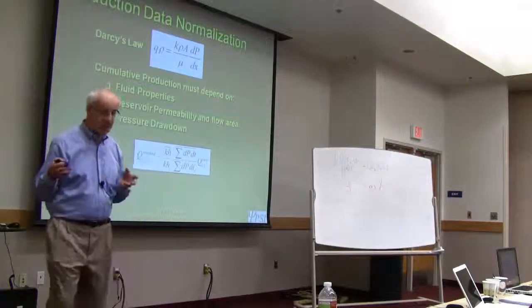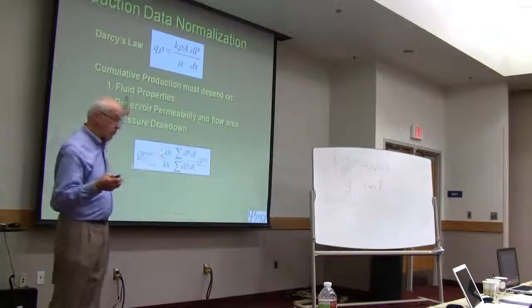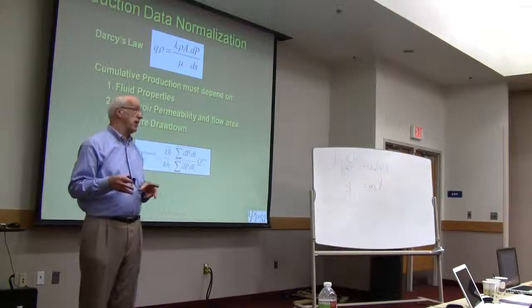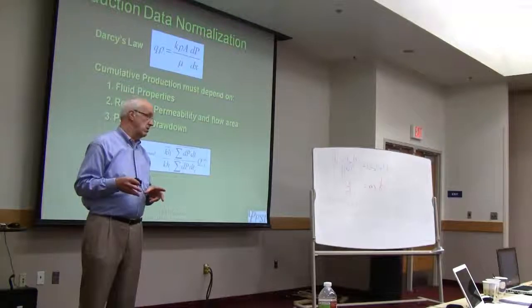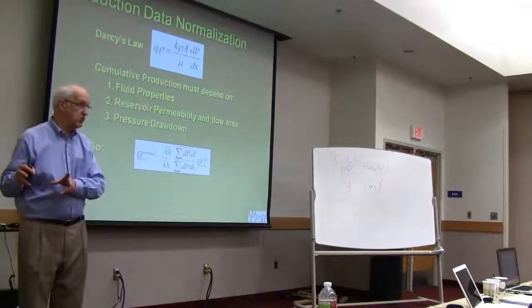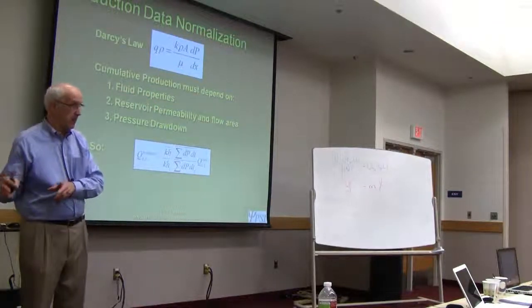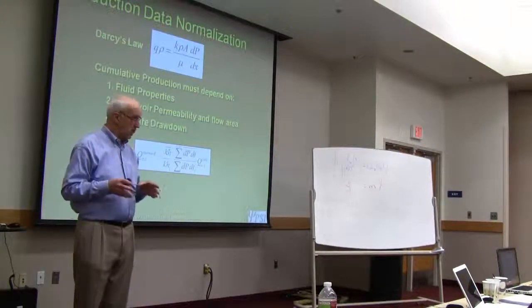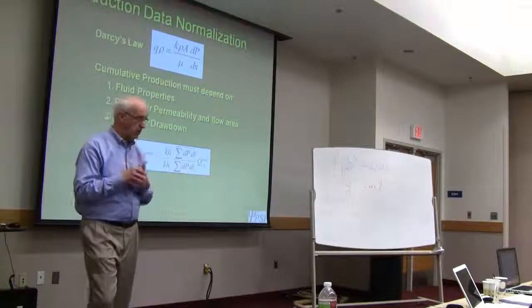So it is entirely conceivable that when I normalize the data, this 5,000 barrel guy actually is by far the best well. Not because it had the highest revenue, because it didn't, obviously. But in terms of an engineering question, it was best. See my point?